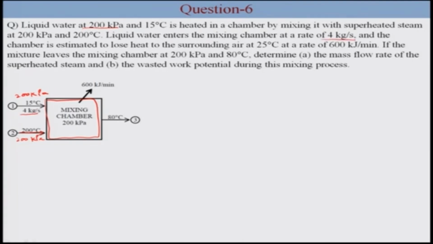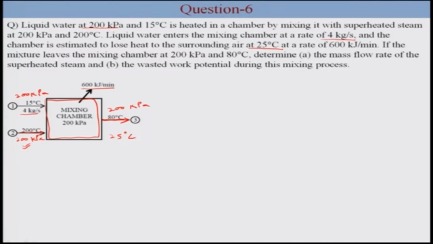The chamber is estimated to lose heat to the surrounding air at 25 degrees Celsius. If the mixture leaves the mixing chamber at 200 kilopascal and 80 degrees Celsius, determine the mass flow rate of the superheated steam and the wasted work potential during this mixing process.